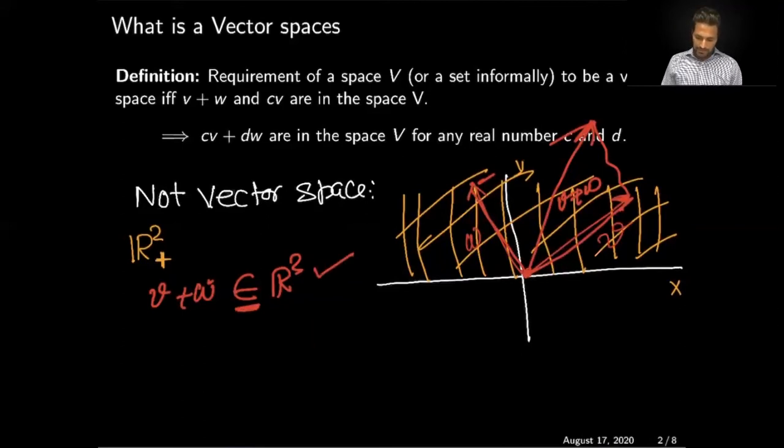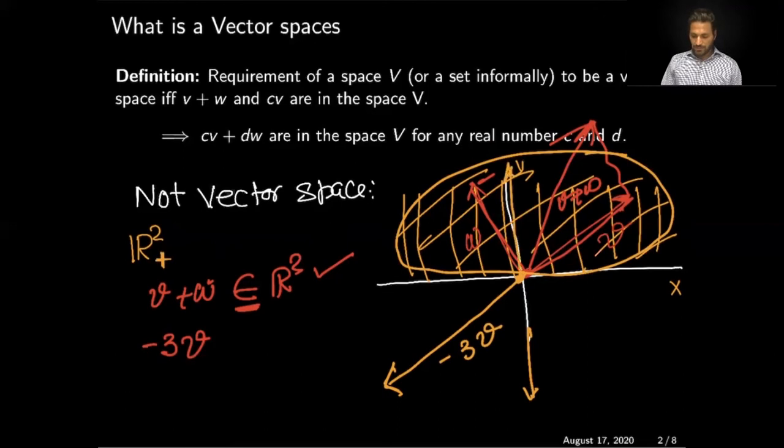But let's look at the second property. What if I multiply this vector V by -3? It is going to reverse the direction of the vector, and it also changes the magnitude to 3 times V. So this vector is no longer in this space, which is R2 plus, the upper half of the plane.